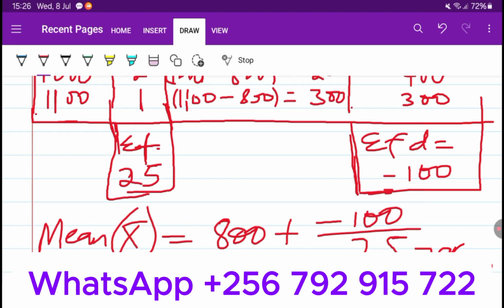So for us, the assumed mean was 800. The mean saving was 800. Yet in actual sense, the actual mean was 796,000. So we had overstated our average saving.